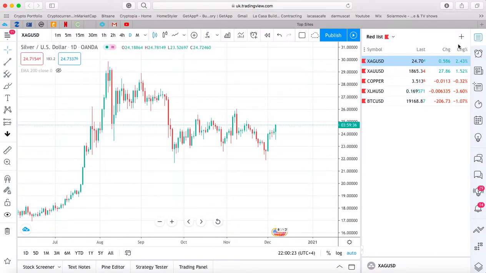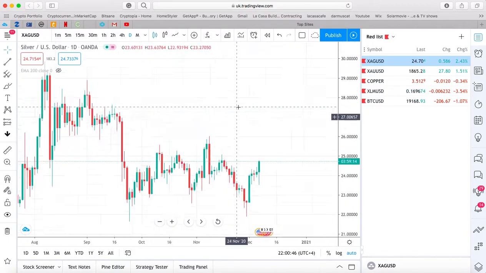Pick it up and you can see it's right here, XAGUSD. It's silver against US dollars. You can also check XAG against XAU or XAU against XAG, which is the gold to silver ratio. There's an option to do that here as well. So this candle.